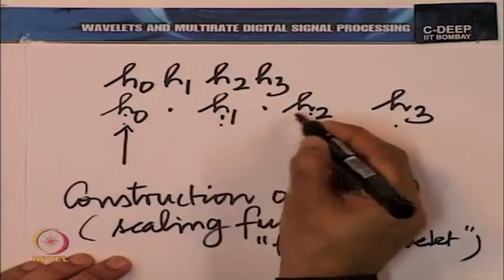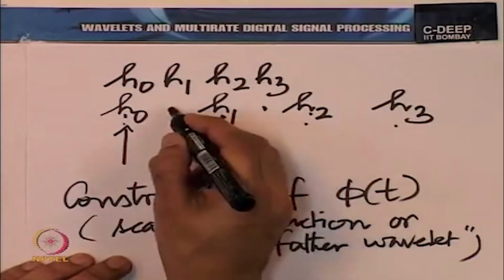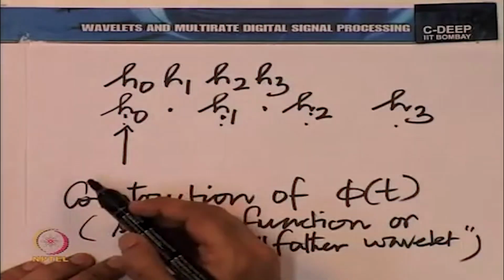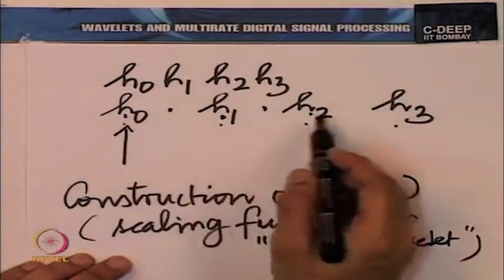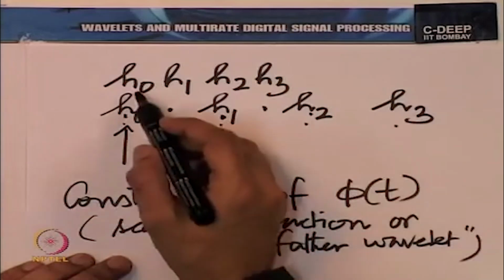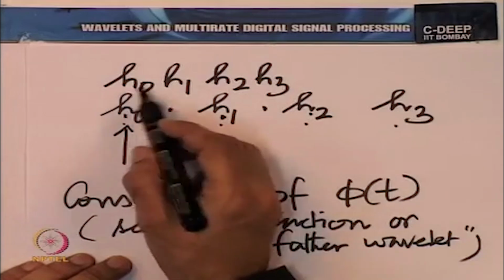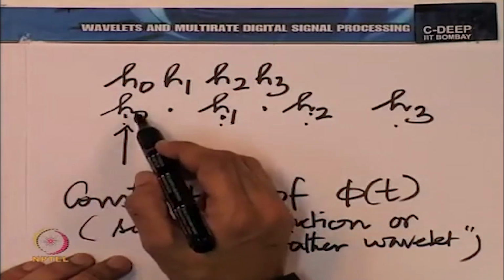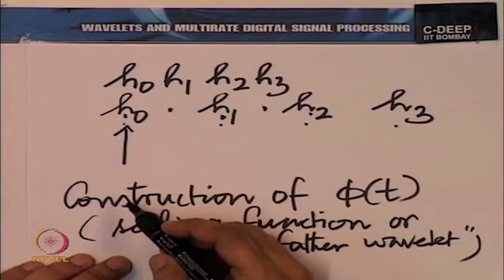So, midway between this is this and midway between these is this, and put H 0, H 1, H 2, H 3 here. Visualize these to be impulses of strength H 0, H 1, H 2, H 3, and here again impulses located at these places again with strengths H 0, H 1, H 2, H 3, and convolve this with this essentially.